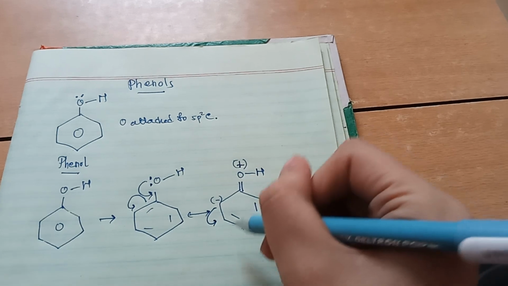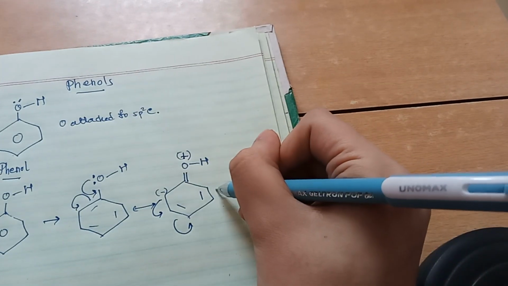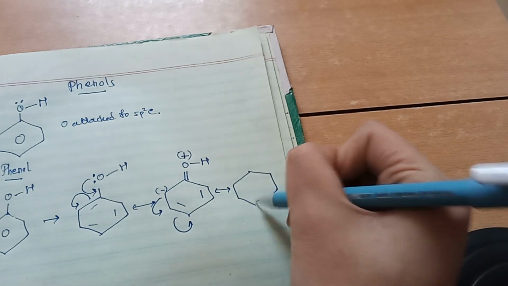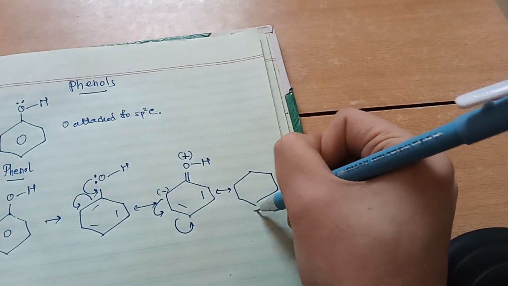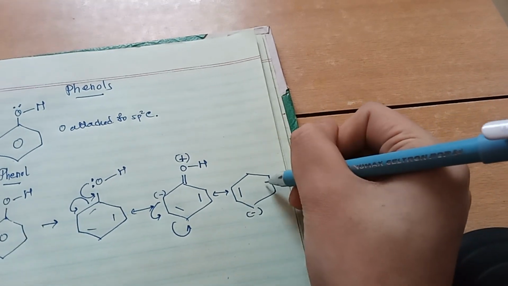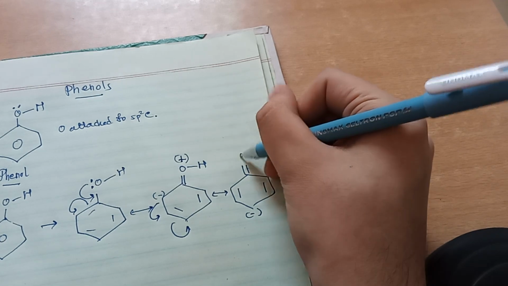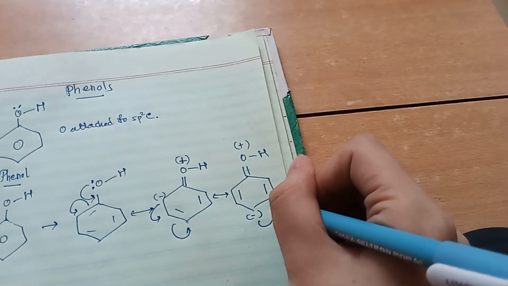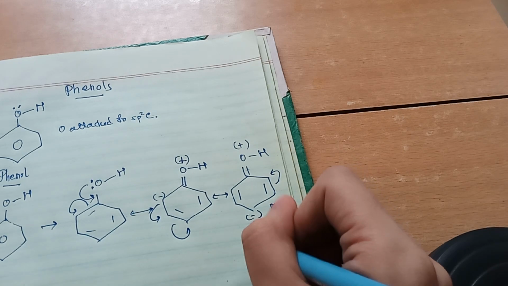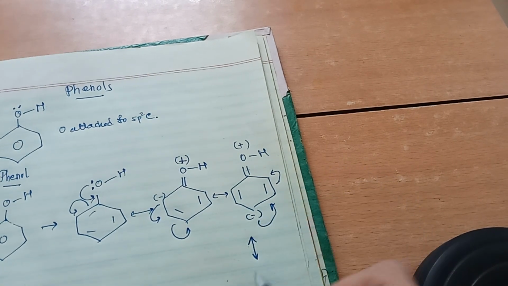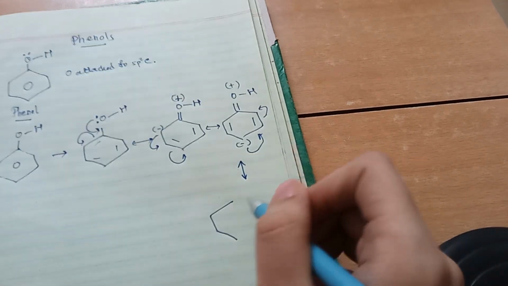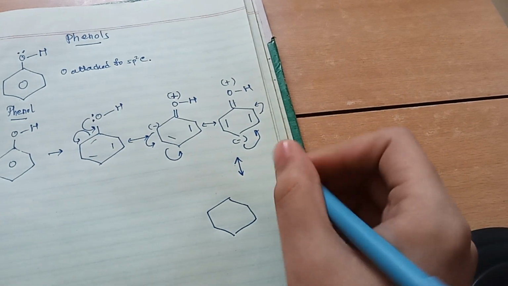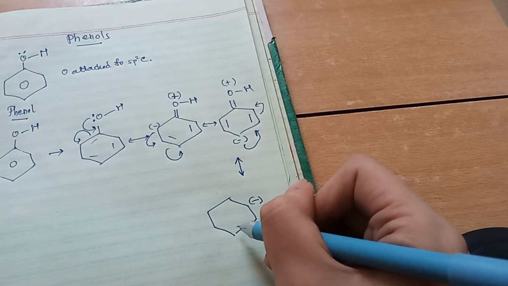Now this will again resonate. Negative charge is over here, two pi bonds, and this. Now this negative charge can again resonate. I'm drawing it over here. You can see, yeah, negative charge is now over here.